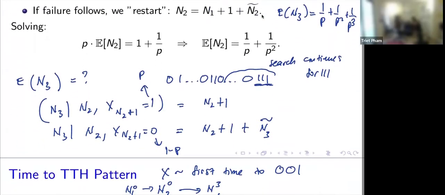So let's build on what you say. You could follow a similar structure: find the time to the first zero, then based on that, find the time to the first 2 zeros, and then find the time to 0 0 1, by conditioning. Does that make sense?